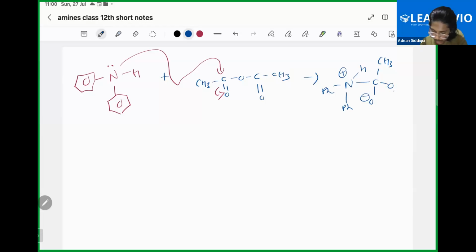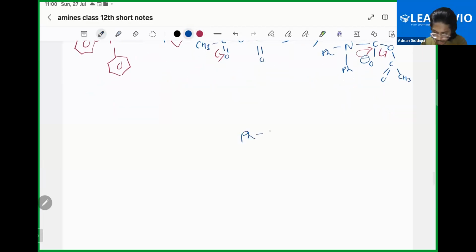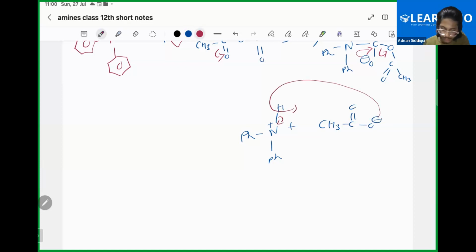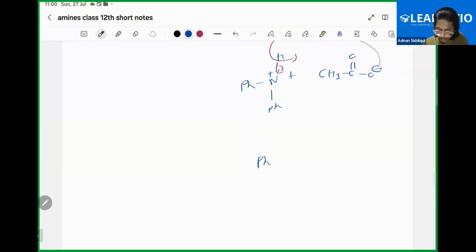We have our C double bond O, CH3. Right now, this density will go back, and we will remove this Ph and Ph positive H, C double bond O negative. Now this O negative will abstract this proton to neutralize the positive charge. Ph and Ph lone pair.